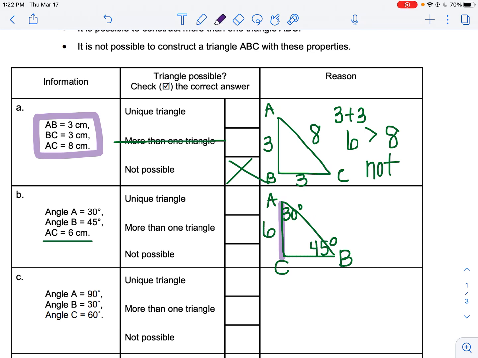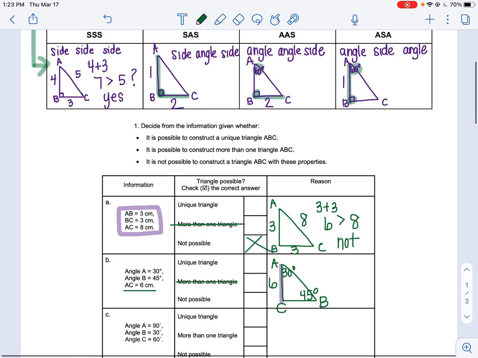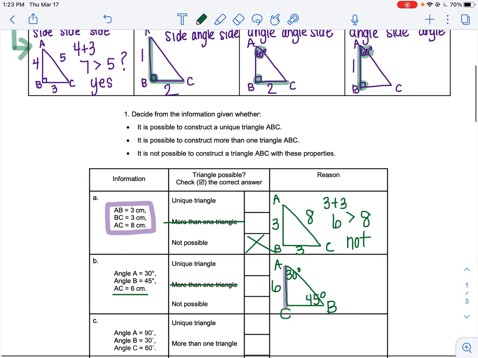So let's look at the pattern we're given. Not all angles, so it can't be more than one triangle. So I have to decide, is it a unique triangle by one of these 4 properties? So let's look. I have a 30-degree angle. I have a 6 centimeter side, and then nothing. But, oh wait, I have an angle.